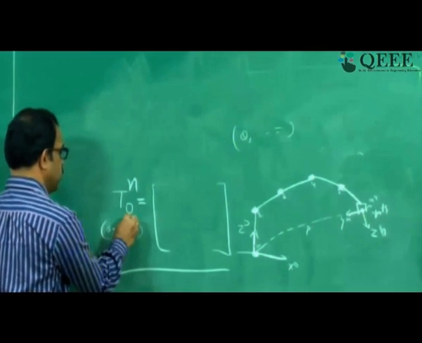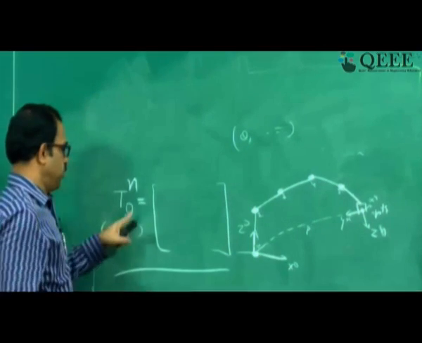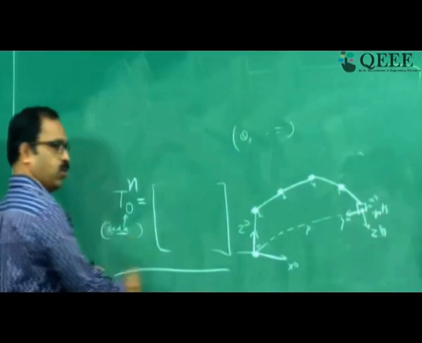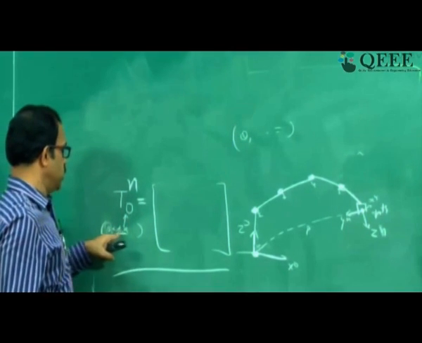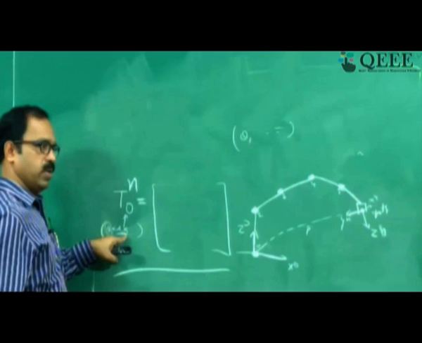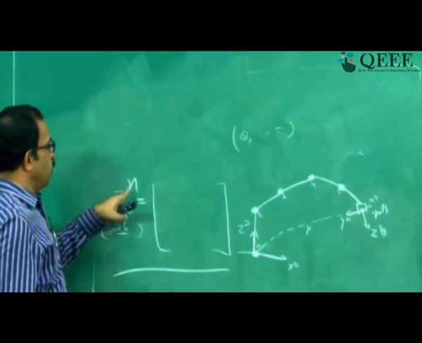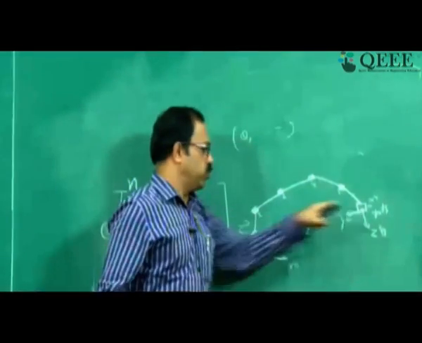So this relationship will be a function of theta, alpha, d and a, where theta will be the variable and all the others will be constant. If I know these constant parameters, I will be able to develop a relationship in terms of theta: the mapping from the nth frame to the 0th frame.